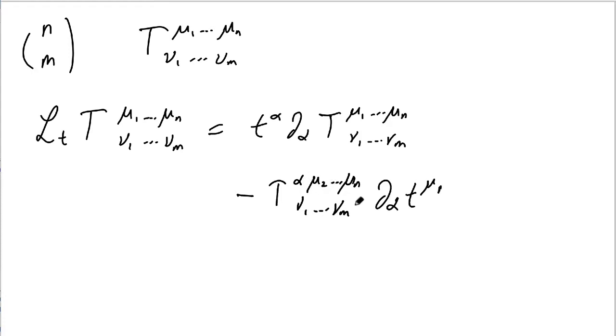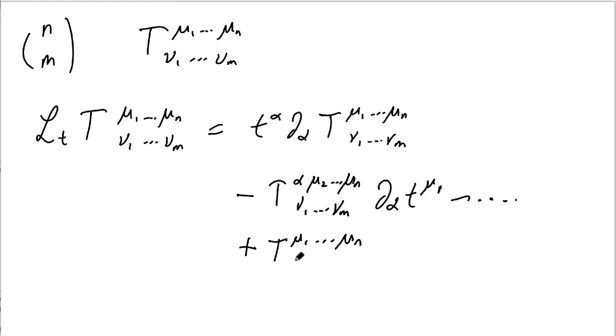All right, and we'll do the same thing for mu2, mu up through mu n. So dot, dot, dot here represents n of these types of terms, one for each of these upper indices. And for each of the lower indices, we have t, leave the upper indices alone.